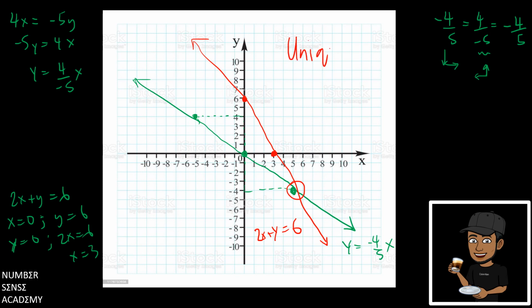I don't think I've been noting that. So it's a unique solution because they cross each other at one point. And I'm going to say that the solution is about 5, negative 4.